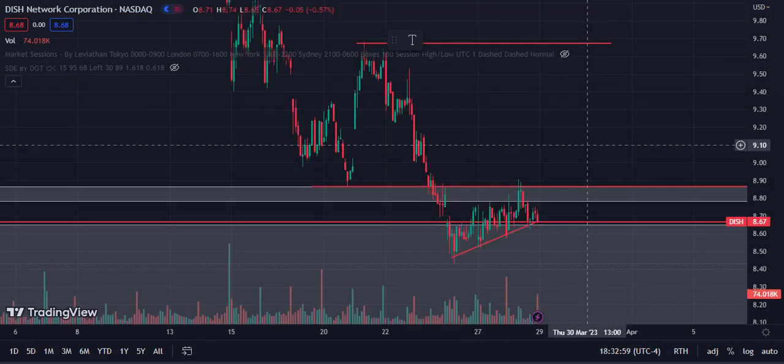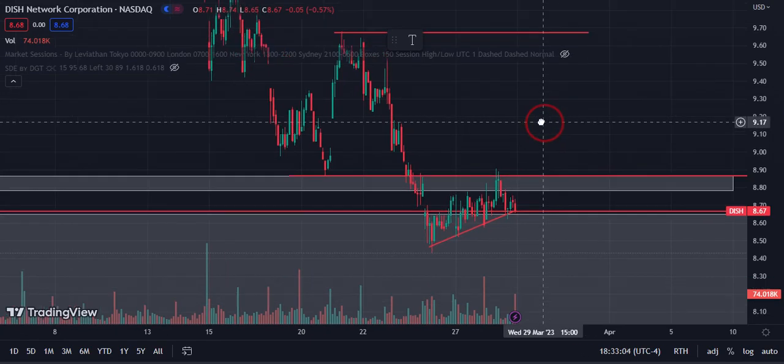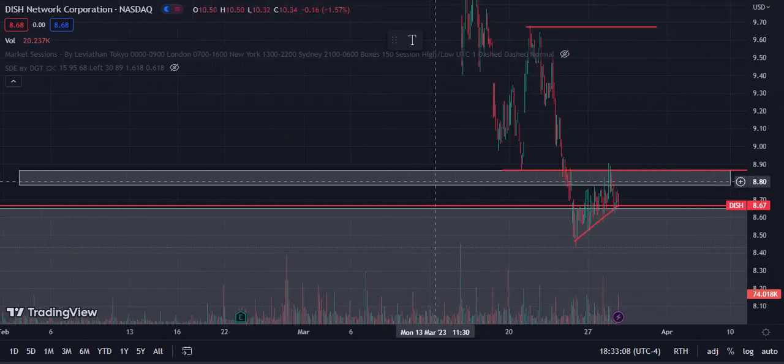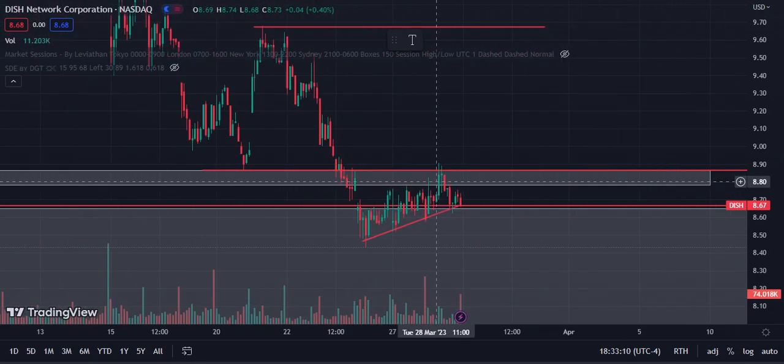And now I'm watching a very similar setup for Dish. What I like about it is that we're at a 24-year support level, so that's something that definitely should be taken into account. Another thing that I like is that it's extremely undervalued as a company, from book value and from earnings overall.